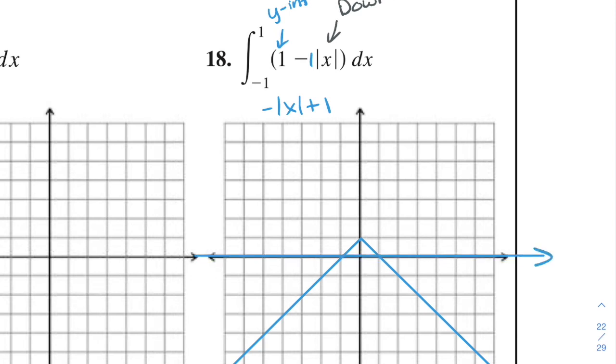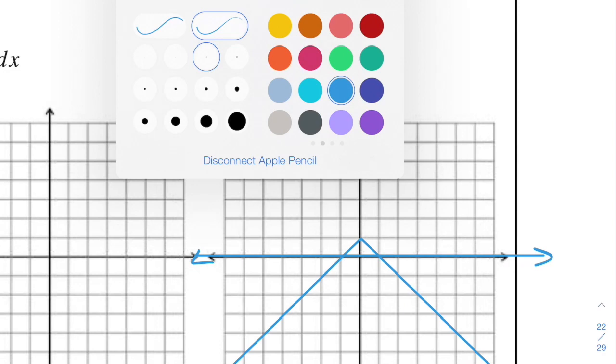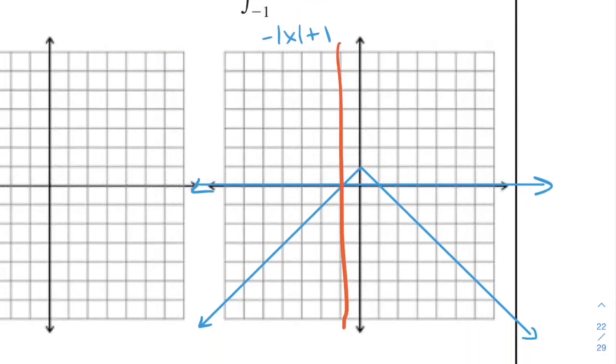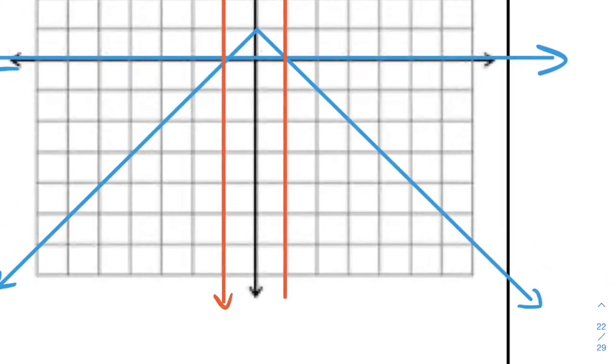So it's between 0. And now it's also between 1 and negative 1. Okay, so it is x equals negative 1, x equals 1.